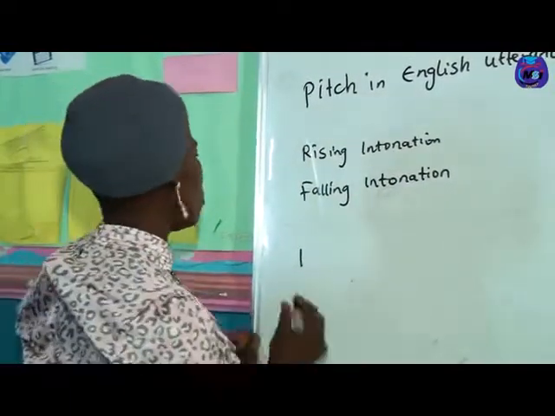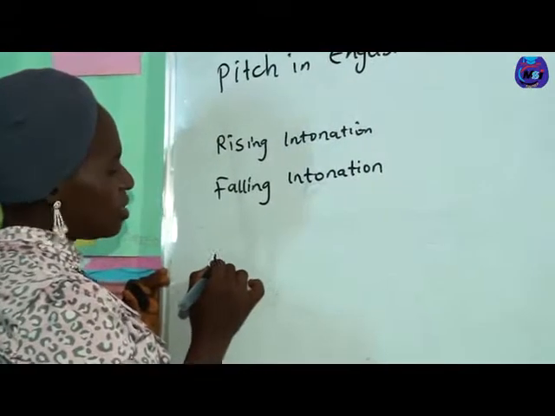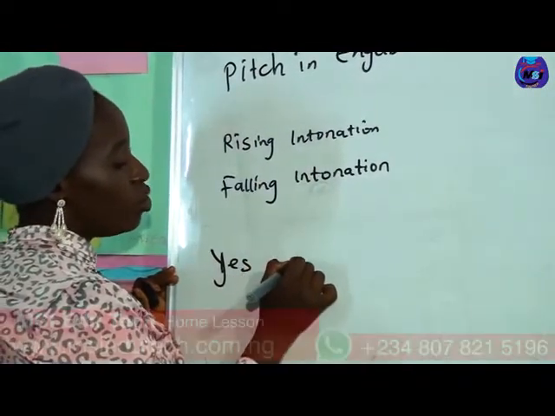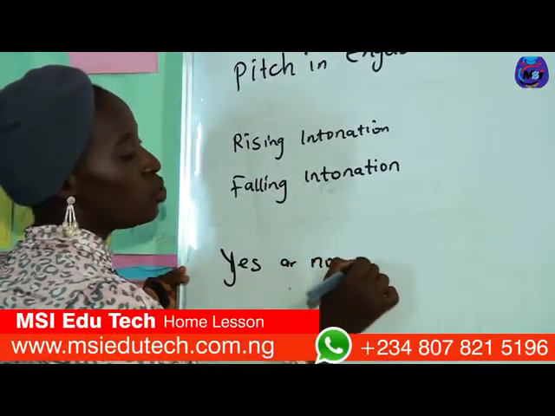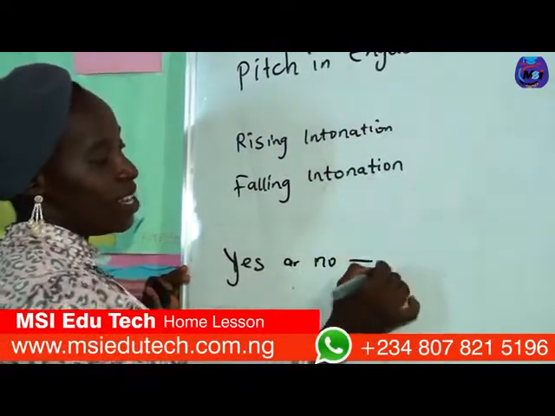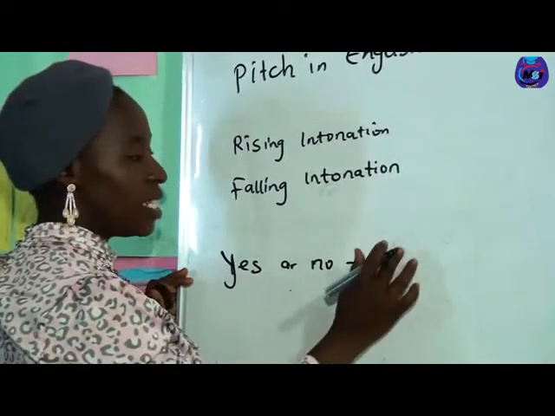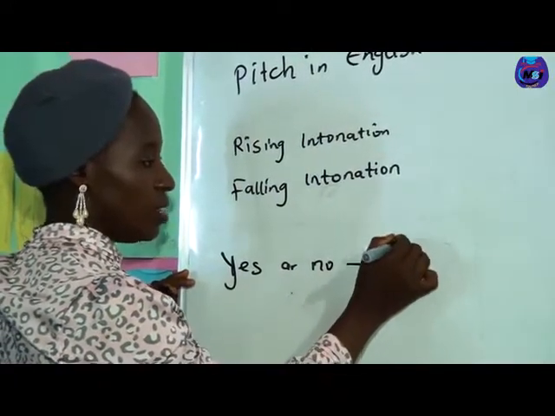So when asking a polar question, a question that requires a yes or a no answer, you use what? Rising intonation. Let's use this arrow to indicate when to use a rising intonation.